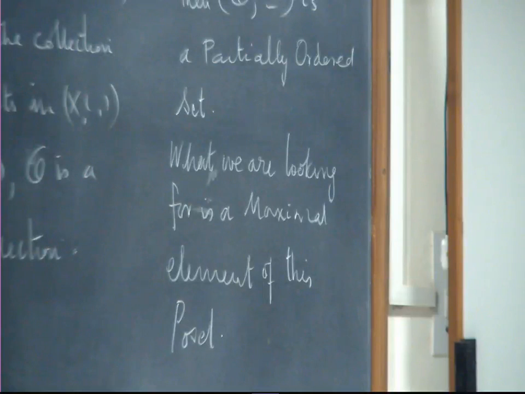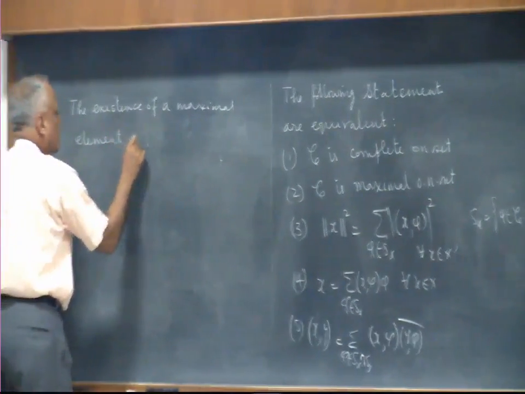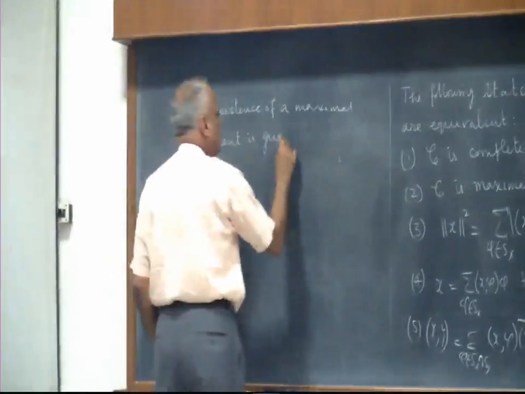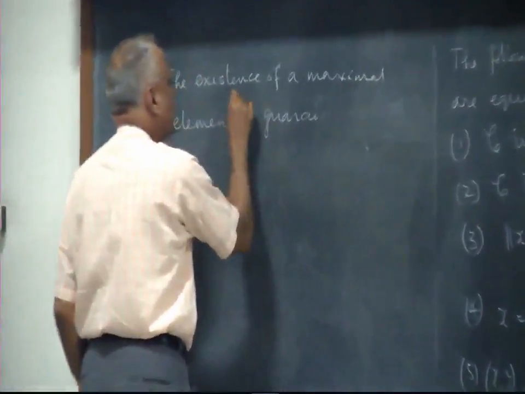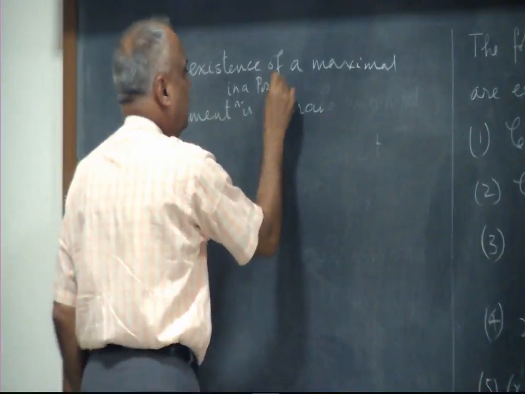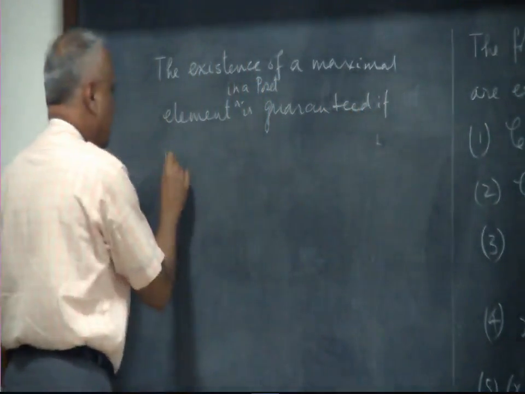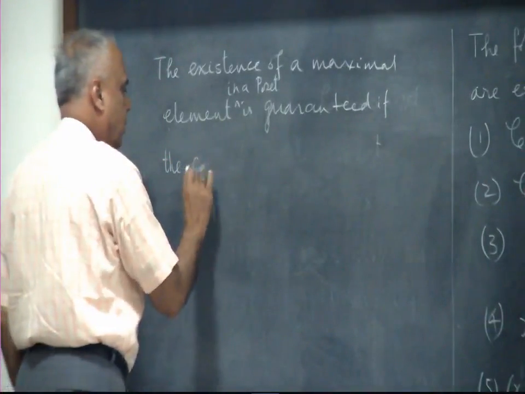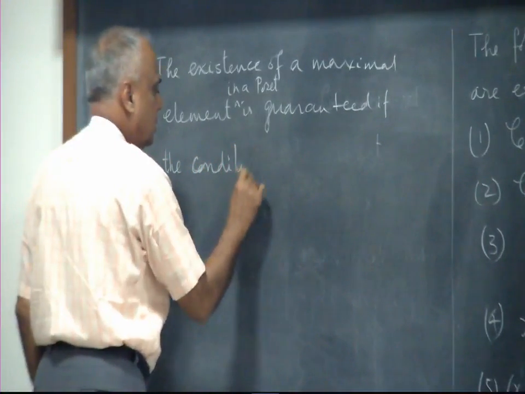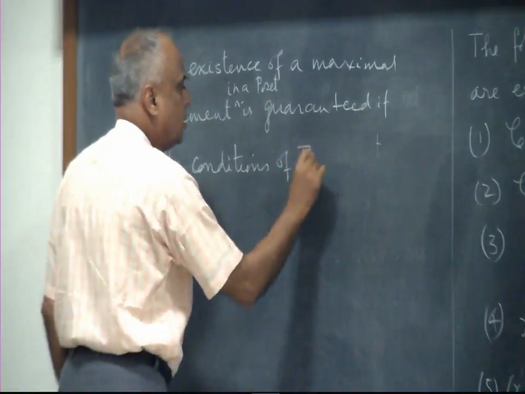So, the existence of a maximal element in a poset is guaranteed if the conditions of Zorn's lemma are satisfied.